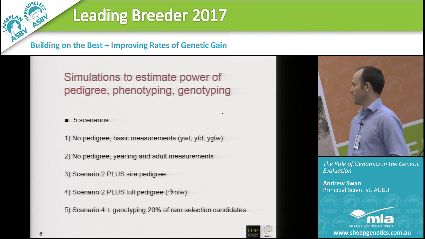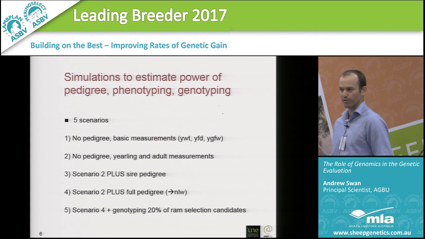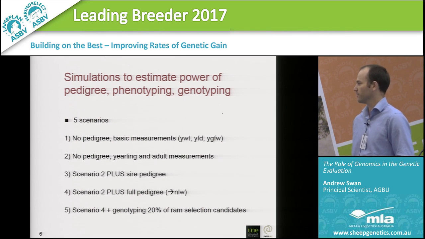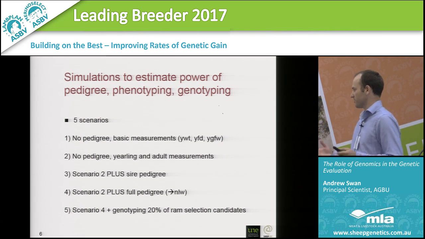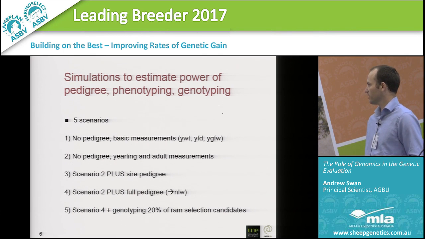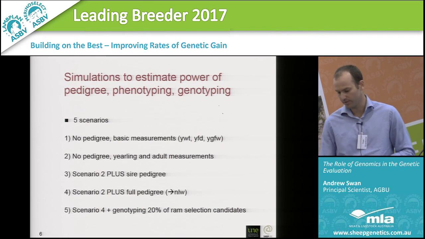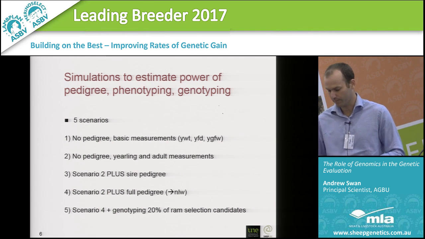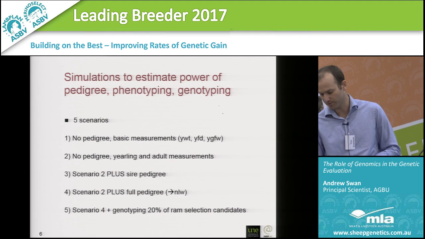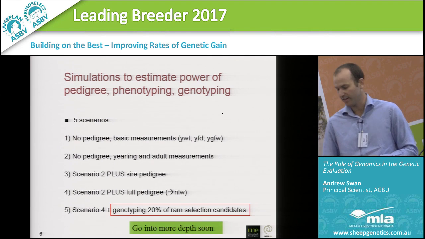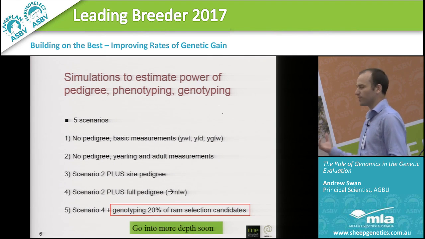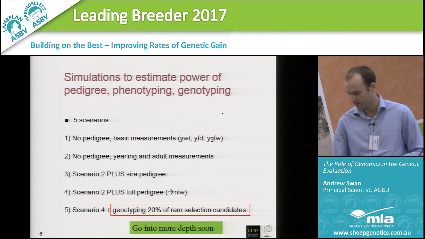The fourth one was full pedigree, which meant that we also got the number of lambs weaned trait, which has a significant weighting in the MP plus index. And finally, genotyping, all of that plus genotyping 20% of the ram selection candidates. And we'll go into more depth about how we came about that 20% after this.